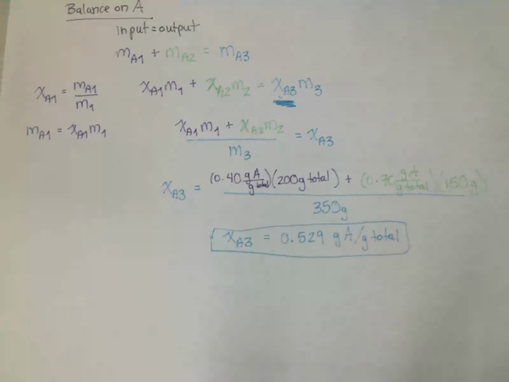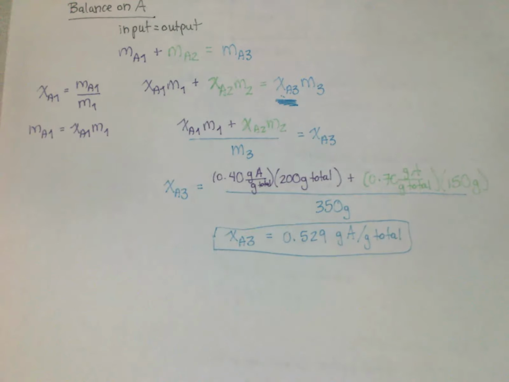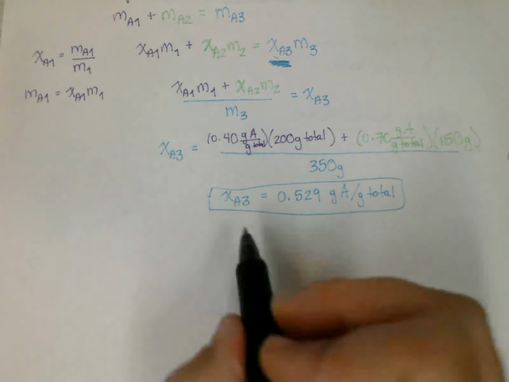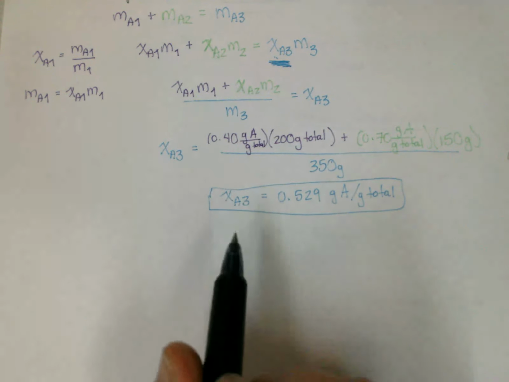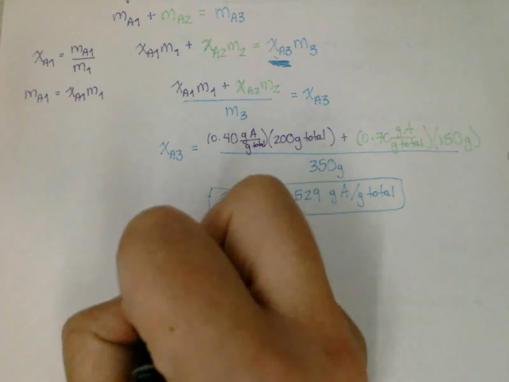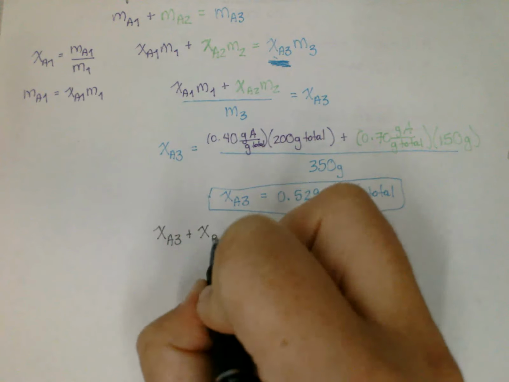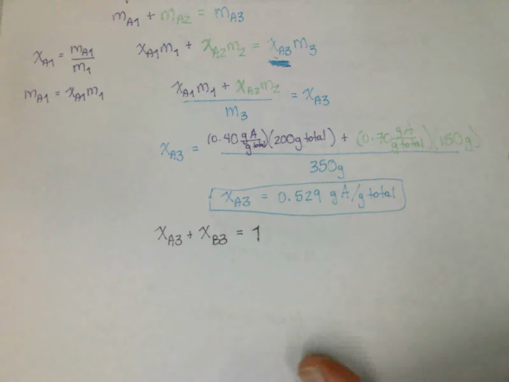Now there are two ways that we could find the composition of water in the final stream. The first way is to understand that 100% of the output stream must be methanol and water. So what that means is that XA3 plus XB3 must equal 1, right?